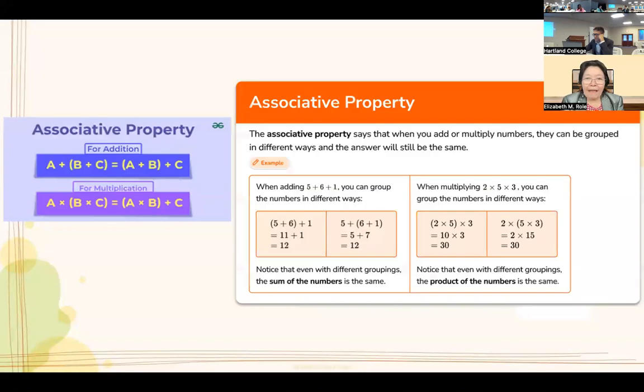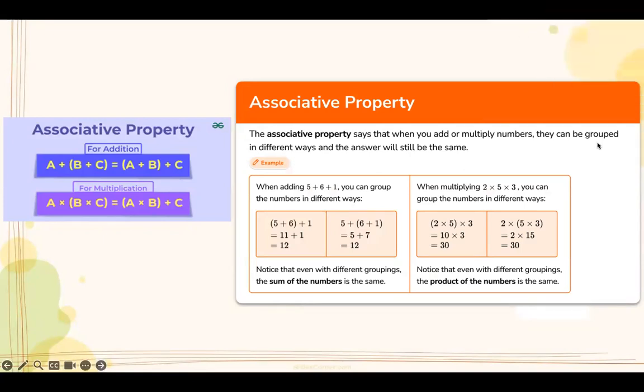So we talked about associative properties, that it says that when you add or multiply numbers, they can be grouped in different ways and the answer will still be the same.